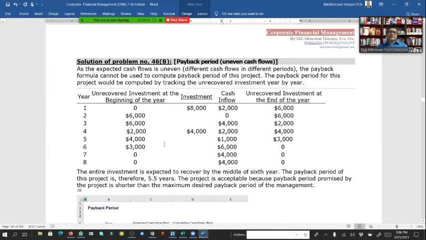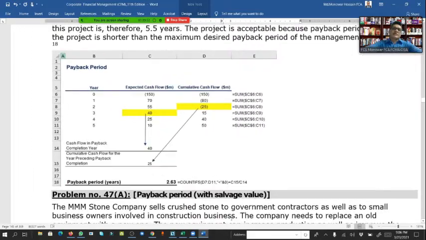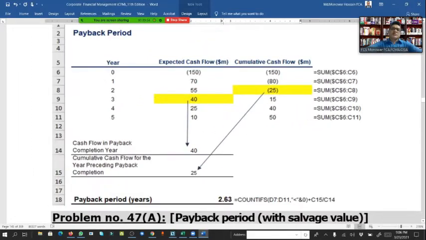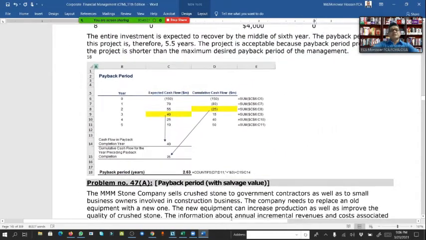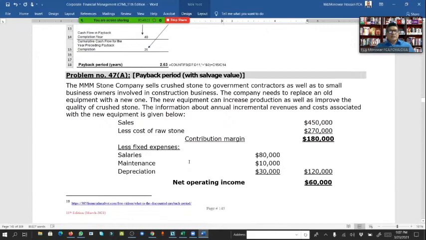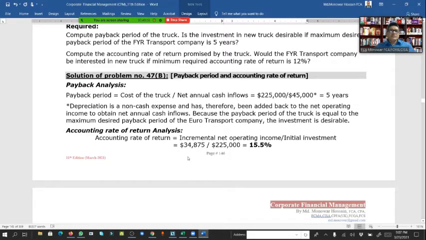Look here, this is the calculation: the beginning investment, cash inflow, and cumulative, and when the payback period comes. So this way we can also calculate within our Excel sheet. Giving it this way, we can calculate the payback period very easily and simply. And this one has a few math problems.